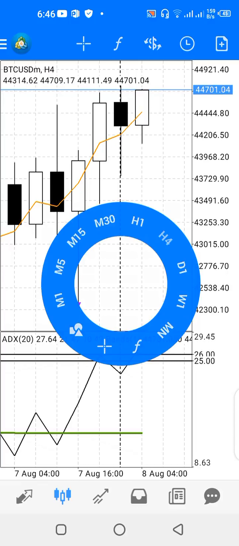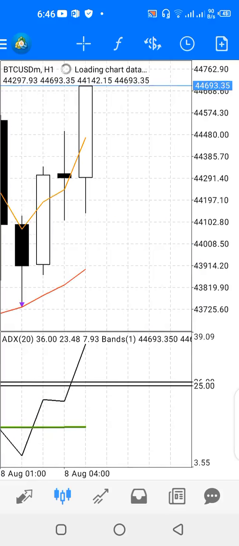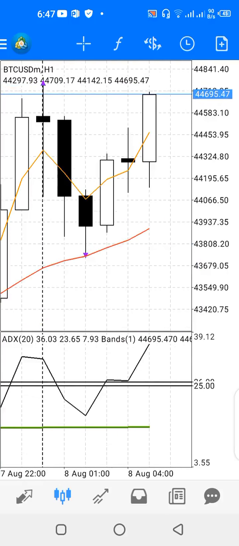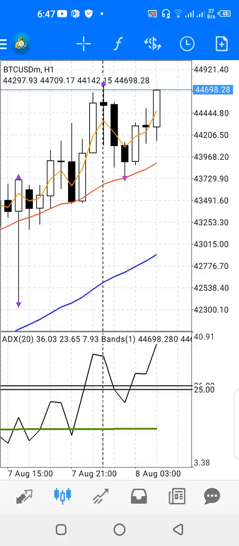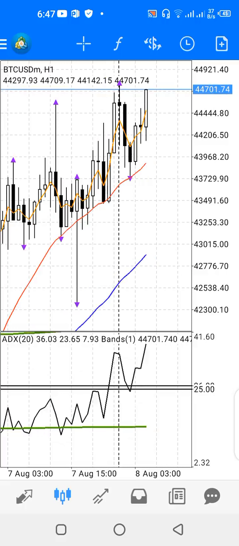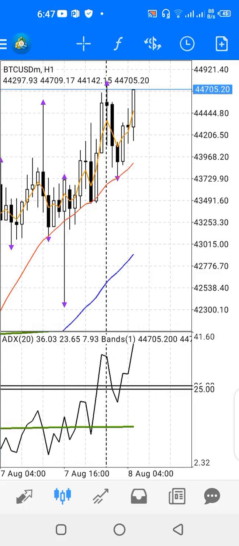And then on the 1 hour time frame, you can see a strong bullish push, trying to break above the previous high. So if you combine all these candlestick patterns, candlestick monitoring with the moving average crossovers and the moving average trend movement, you can find better trade entries when trading BTC USD.